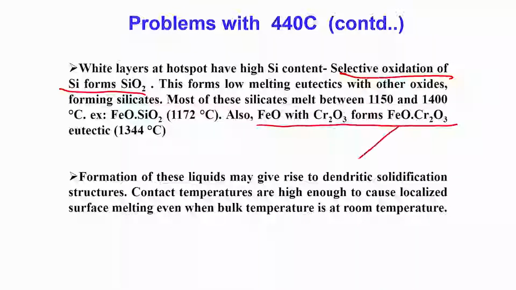Now all these eutectic liquids, like low temperature liquids, may give rise to dendritic solidification, which is very characteristic for many metals and alloys, and contact temperatures are high enough to cause localized surface melting even when bulk temperature is at room temperature.